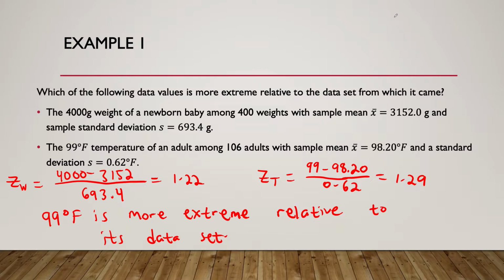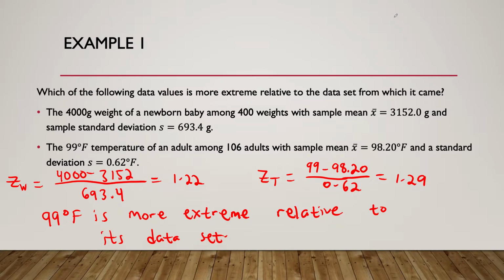For example, we want to know which of the following data values is more extreme relative to the data set from which it came. The 4,000 gram weight of a newborn baby among 400 weights with sample mean x bar of 3,152.0 grams and sample standard deviation s of 693.4 grams.